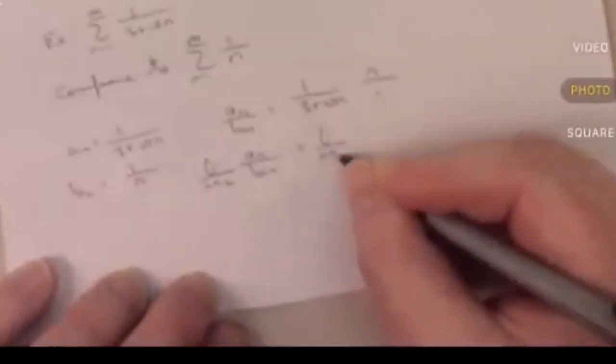And so whenever I look at the limit as n goes to infinity of An over Bn, this is going to be the limit as n runs off to infinity of n over 3 plus 10n, which after one application of Bernoulli's rule, or if I divide top and bottom by n, I can get it that way as well. Either way, this limit is 1/10. 1/10 is finite and positive.